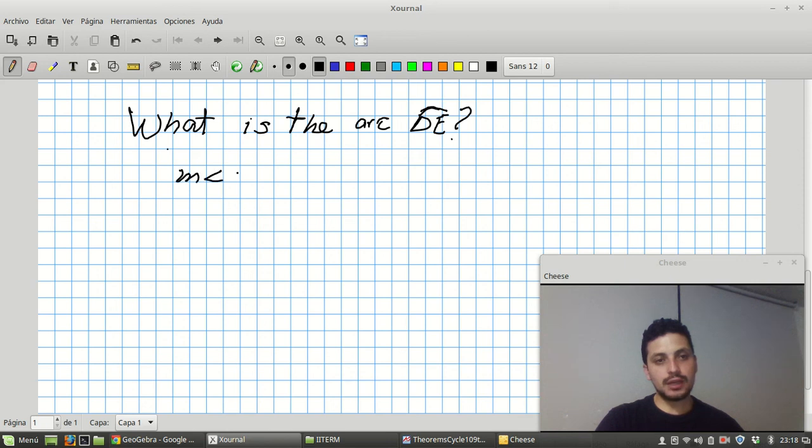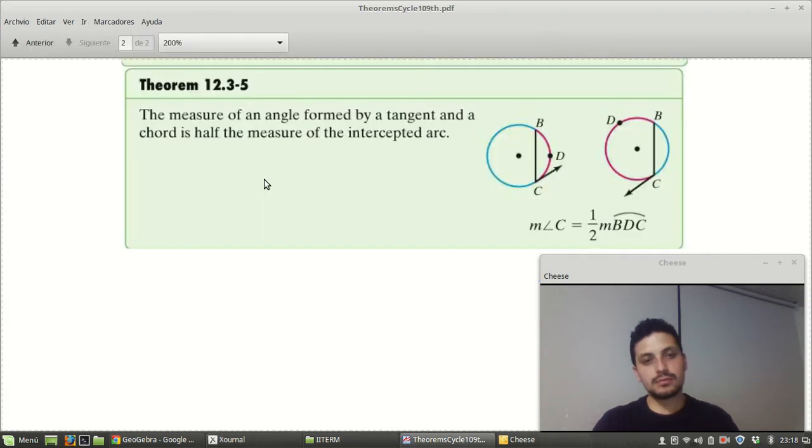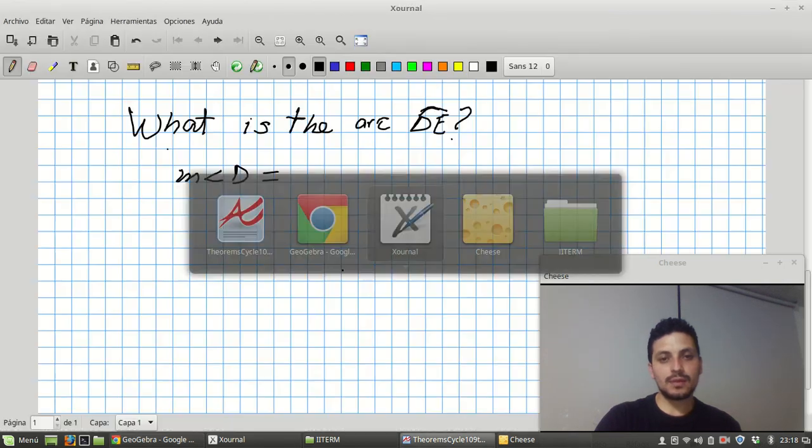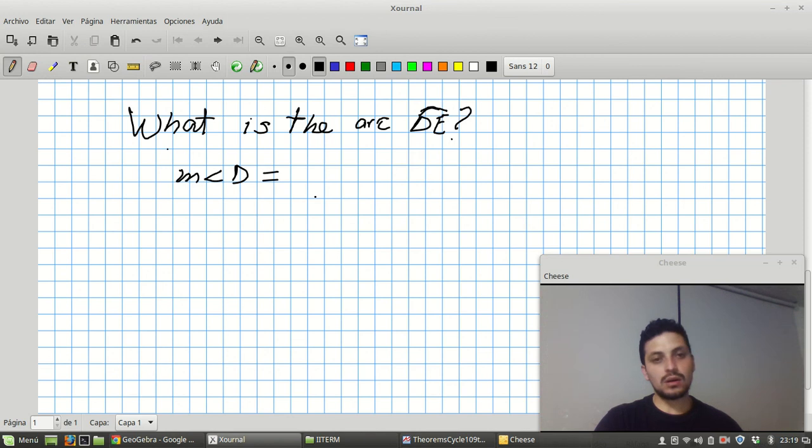So the measure of angle D equals half of the measure of the arc, in this case the arc DE. So angle D is 130, equal to half of the measure of DE.